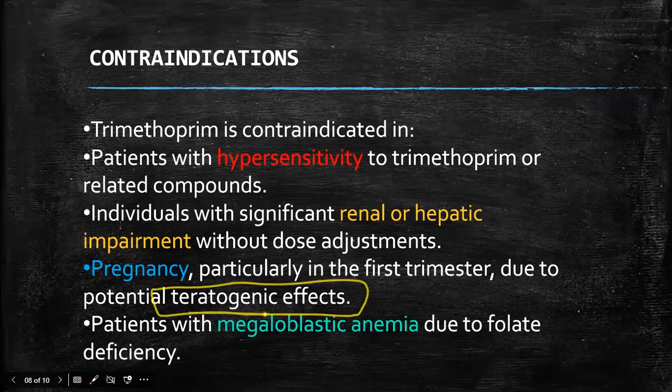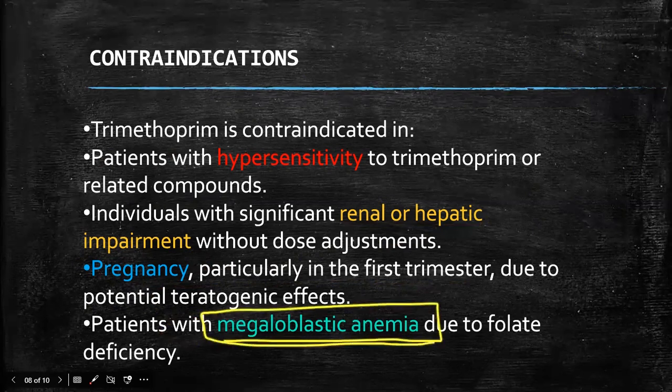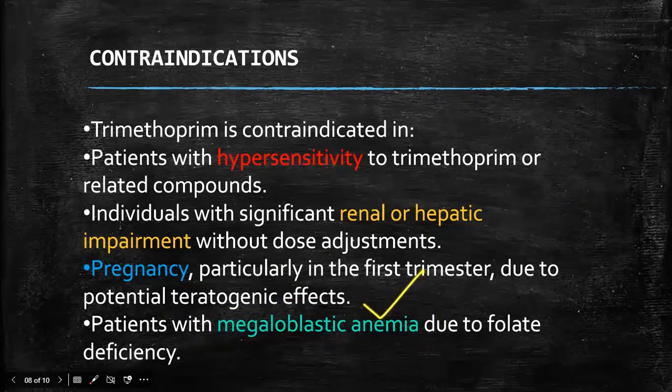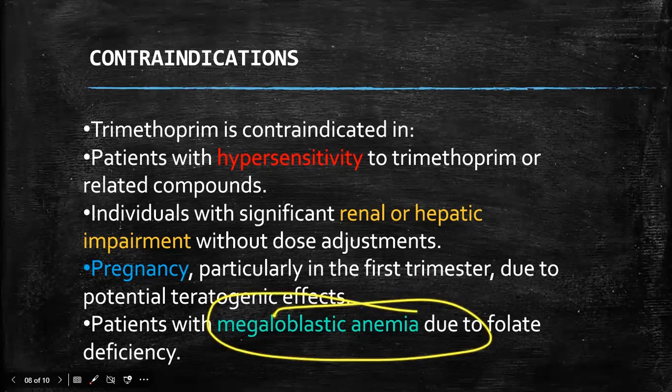Teratogenic means it can cause abnormality inside the body. Patients with megaloblastic anemia. Actually, megaloblastic anemia happens due to folate deficiency. So in that case, patients with megaloblastic anemia should not take trimethoprim.